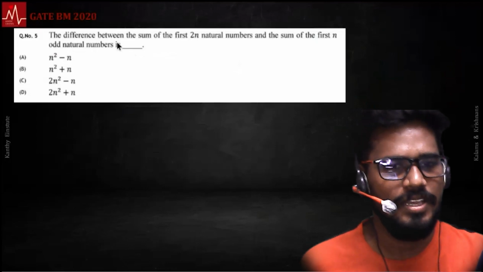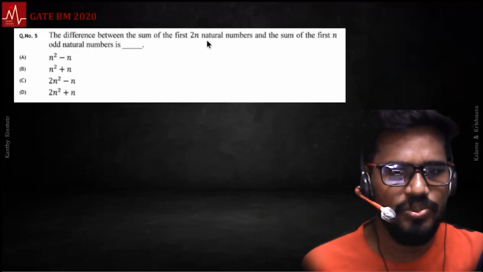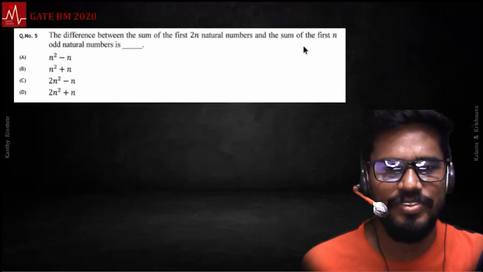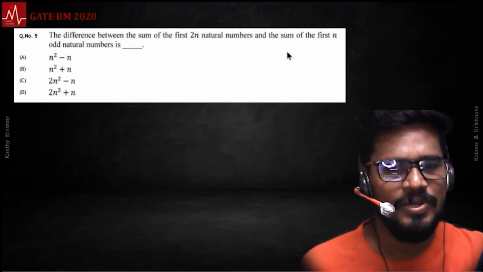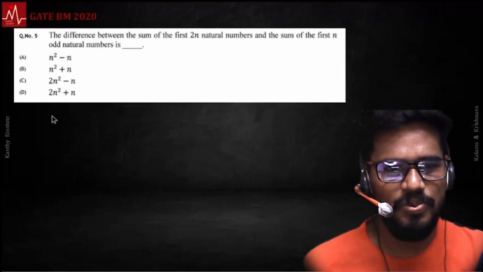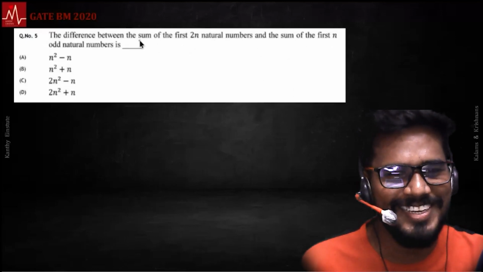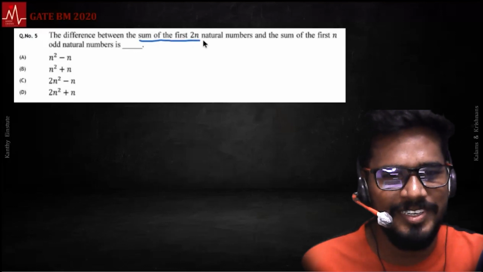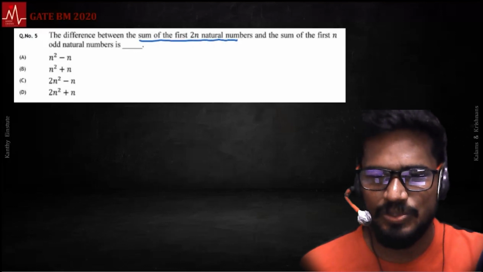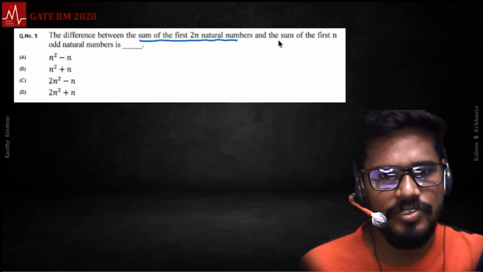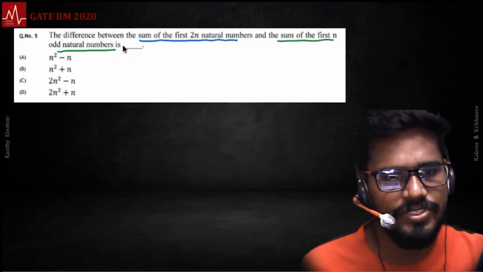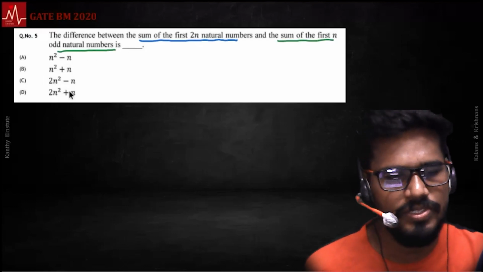Fine. The difference between the sum of the first 2n natural numbers and the sum of the first n odd natural numbers, all the stories with respect to Gauss and all that. Gauss in second standard, what happened to him while he was learning ABCD? All those stories I think you have seen in class. I'm going to do this real fast. I have two summations, and the difference between the two summations.